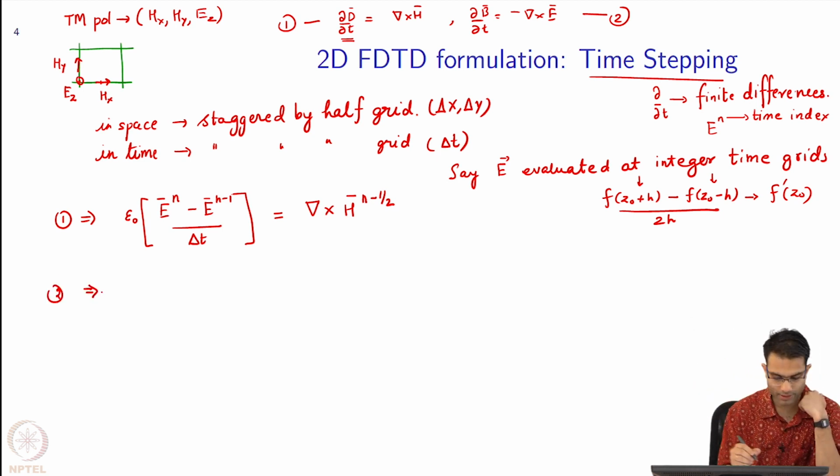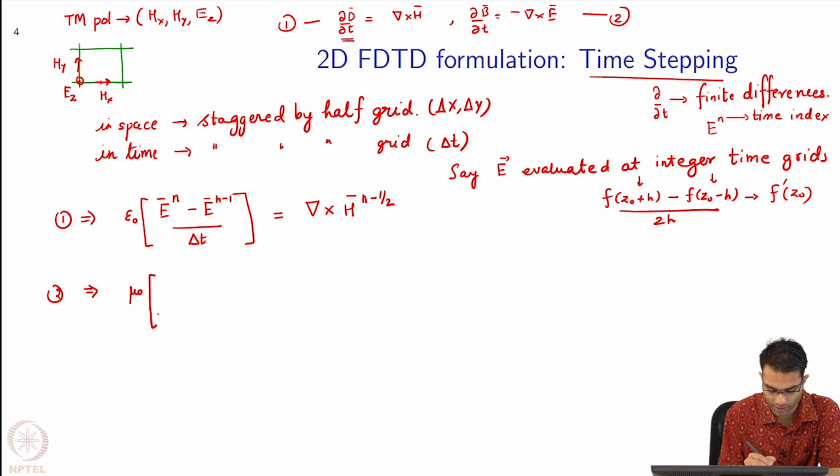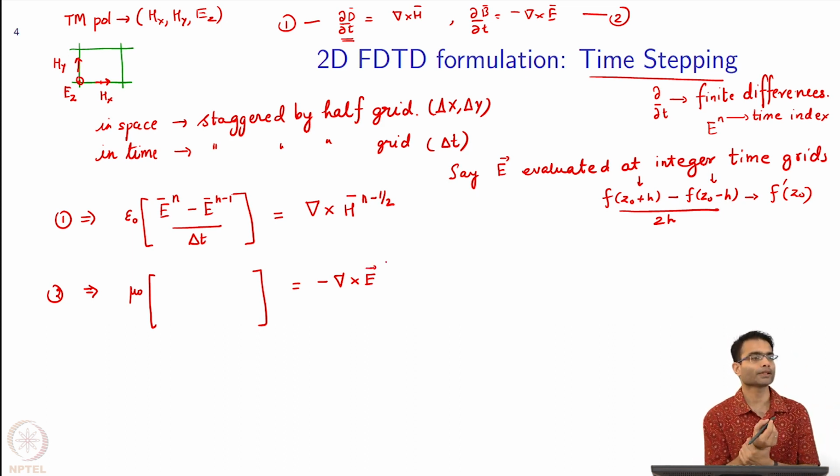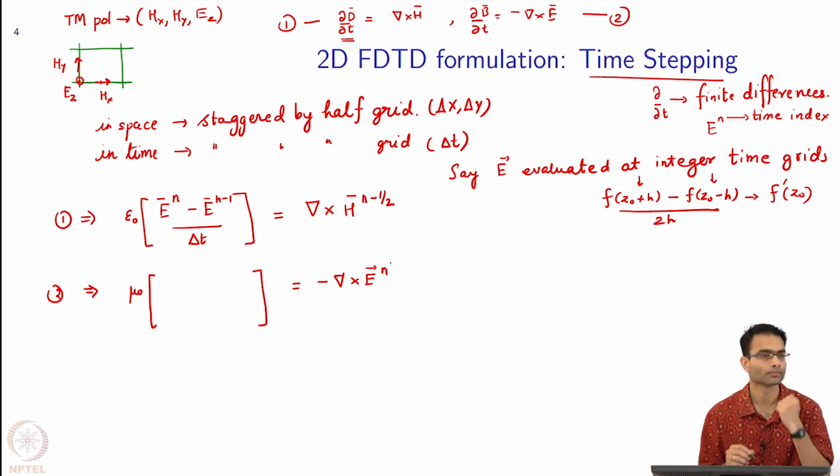Now the rest is easy. What will the second equation imply? So, B is mu naught H in vacuum. So, this will become mu naught. Now, let us write this carefully. So, maybe we will write the right hand side first. Curl of E. Where am I evaluating the electric field? What is the superscript for the electric field I should write here? Integer points, that is the convention. The simplest integer point is n, right.